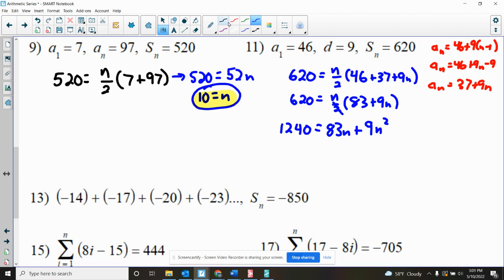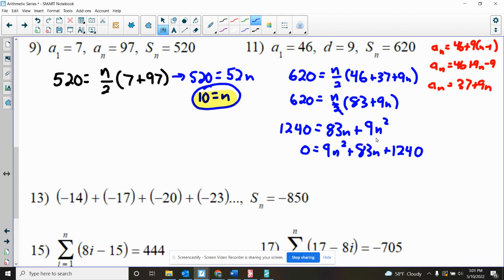So with that quadratic equation, to solve it, let's get everything on one side with a 0 on the other. I'm going to write this in the standard order. So how about a 9n squared plus 83n's plus 1,240. Now at this point, you got some choices.